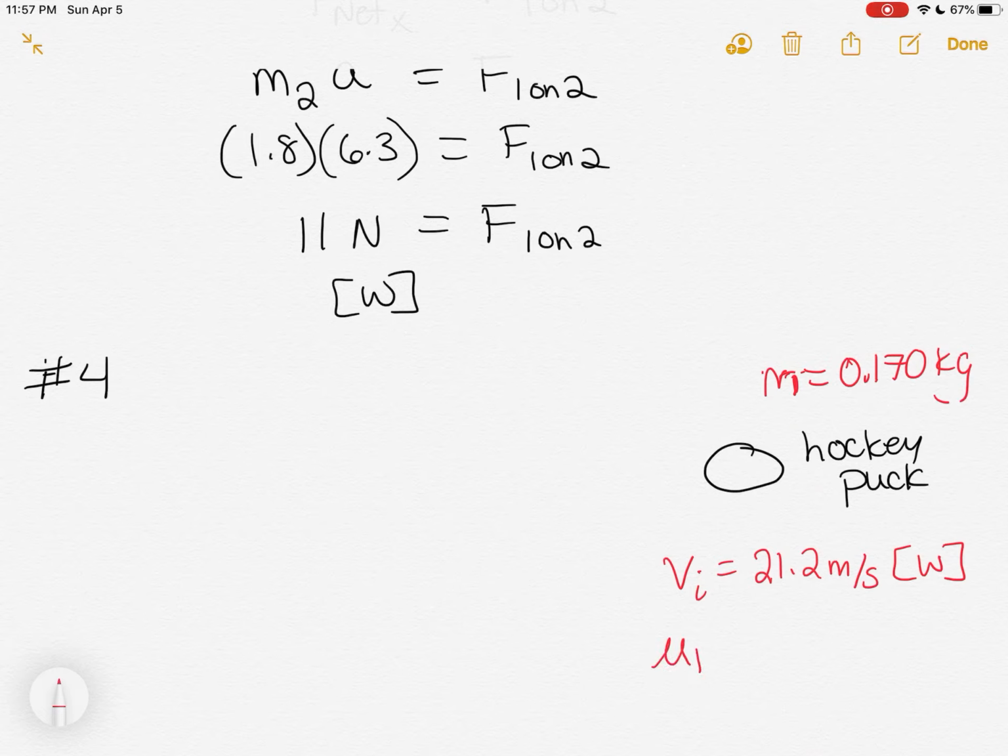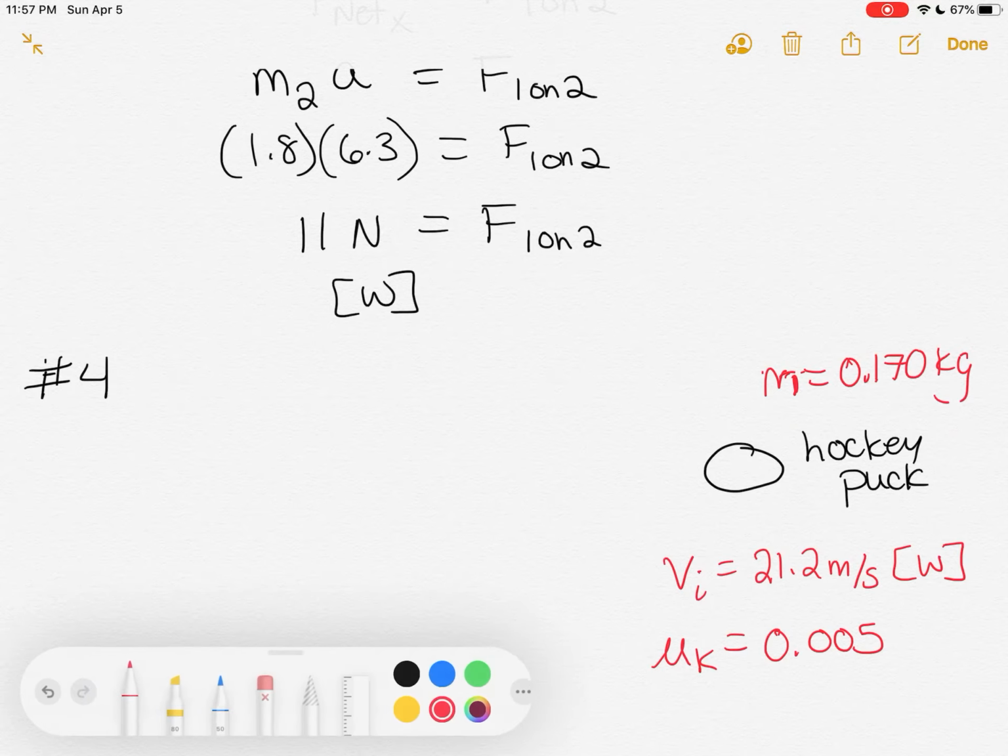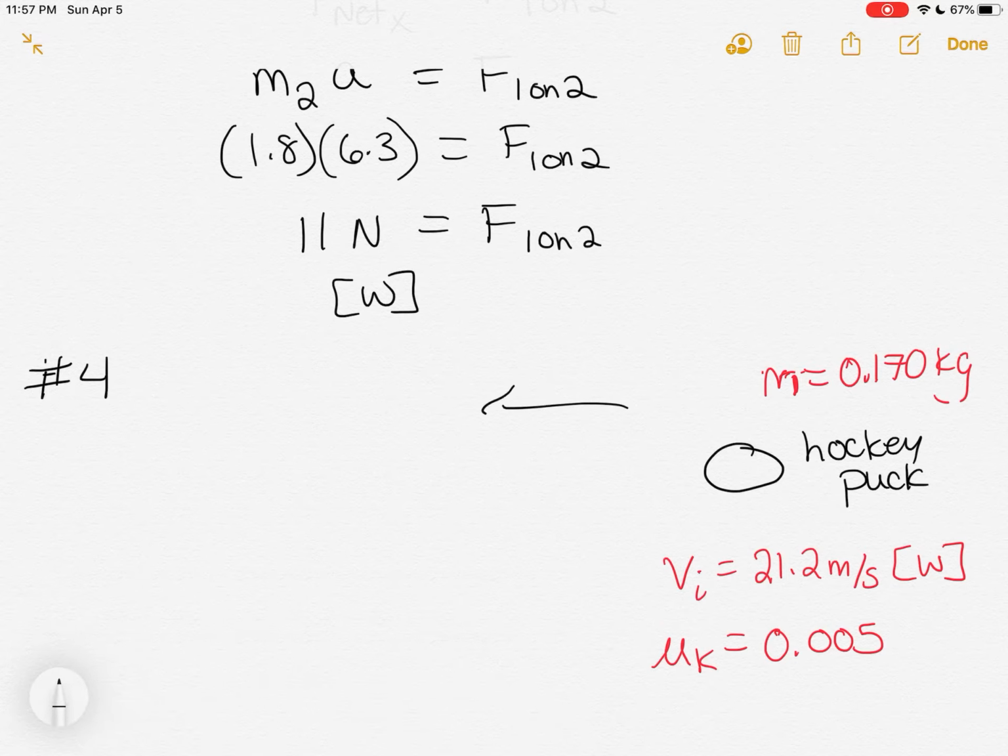The coefficient for kinetic friction, so mu K, is 0.005. And we've got our motion for our puck going this way. We're traveling to the west.